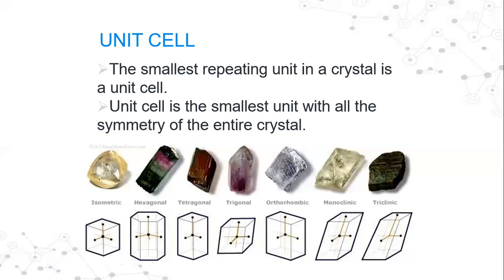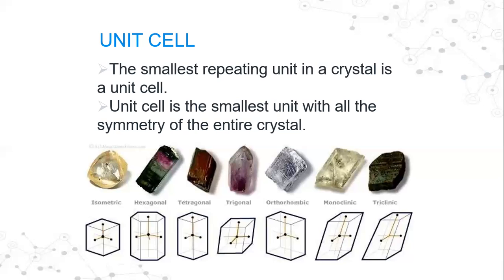Next, the hexagonal shows a hexagon shape from the top and bottom view, but from the front view it is seen as a rectangle. Next is the tetragonal shape. Tetragonal is similar to isometric, but it is in the form of a cuboid. You can see it in the picture.